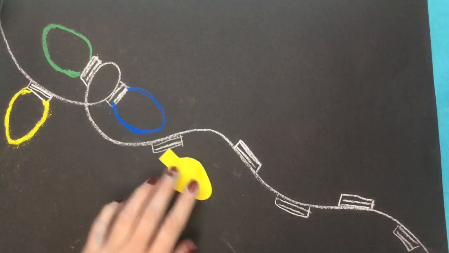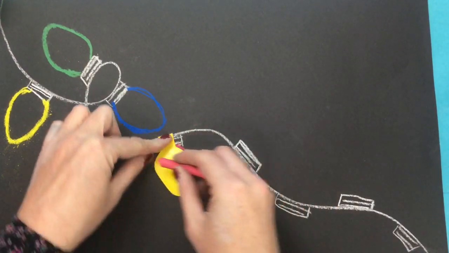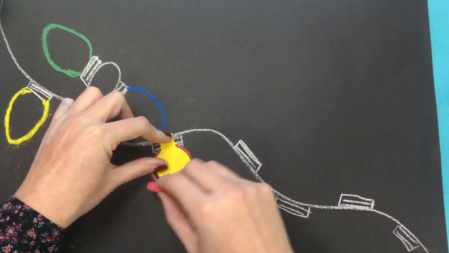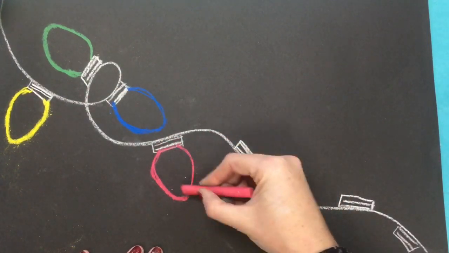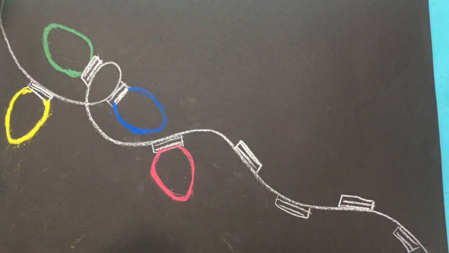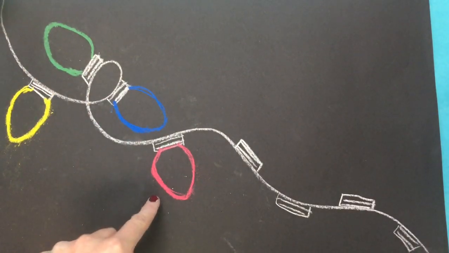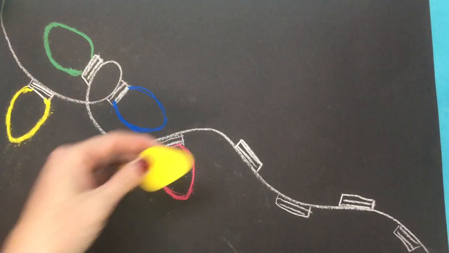So last one, the fourth one is this pink color. You don't have to choose these colors. If you want to do a 2-color pattern like pink, blue, you can. You don't have to follow these color patterns. You choose your own. So now that I've done yellow, green, blue, pink, I'm going to do it again. I'm repeating this same pattern.